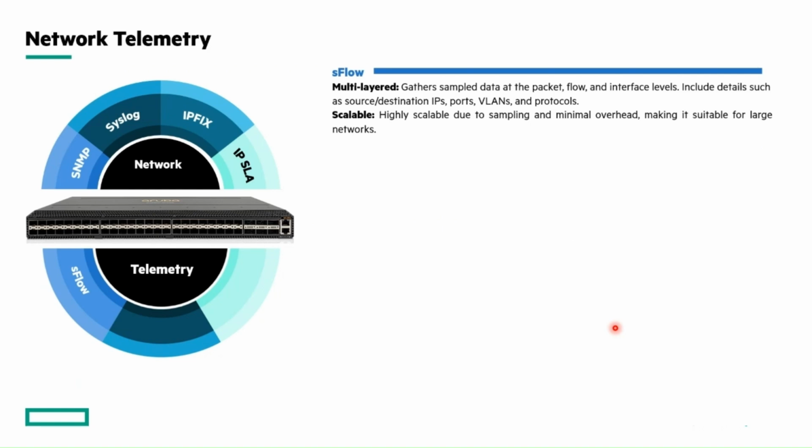Moving ahead, we have sFlow, which gathers sample data at flow, packet, and interface levels. This includes details such as source and destination IPs, ports, VLANs, as well as protocols. It's highly scalable due to its sampling and minimal overhead, making it suitable for large networks.